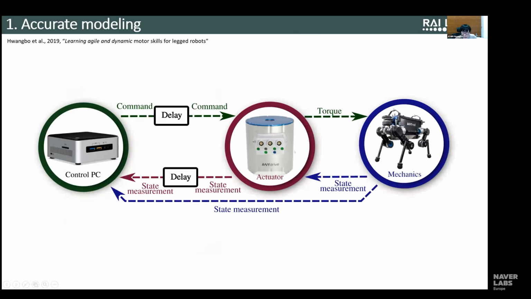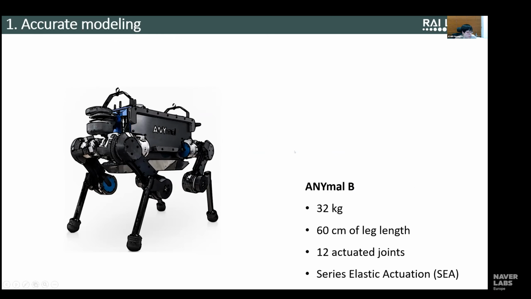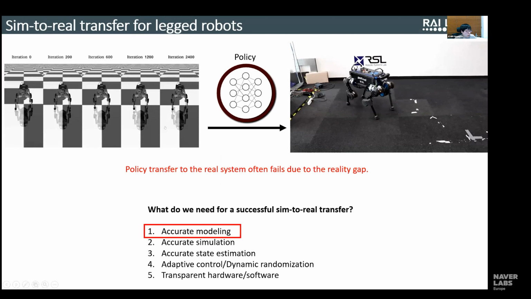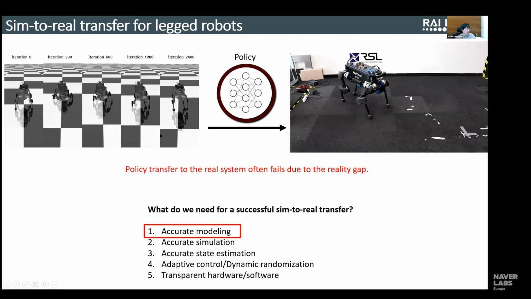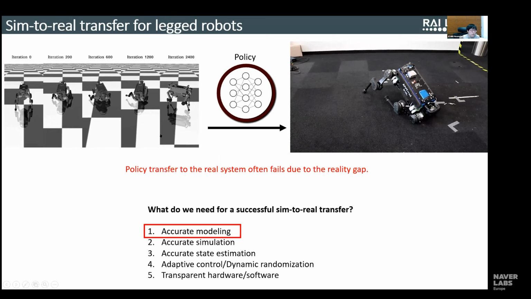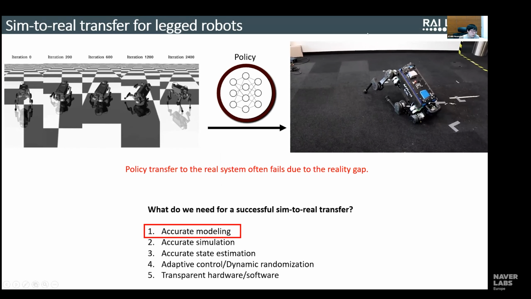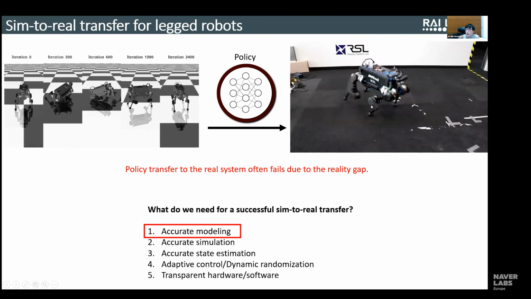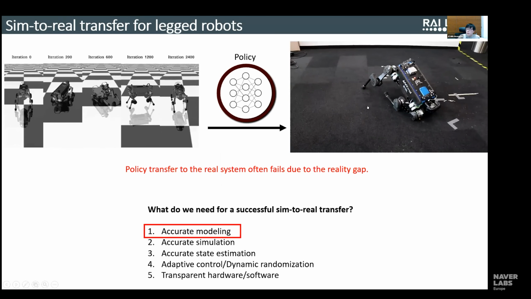Okay. If I show you what happened when I tried to implement this on the real system, this is how it works. We trained the control policy in simulation, we deployed it directly on the system, and it failed like this. On the right is the same system. We've been working hard to do system identification.